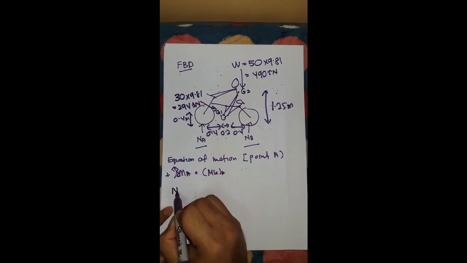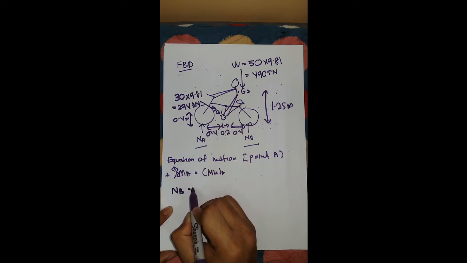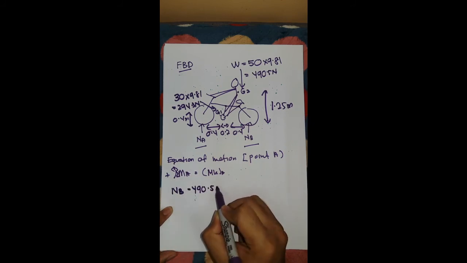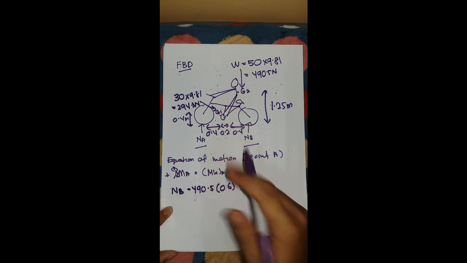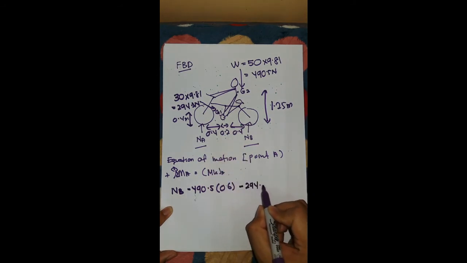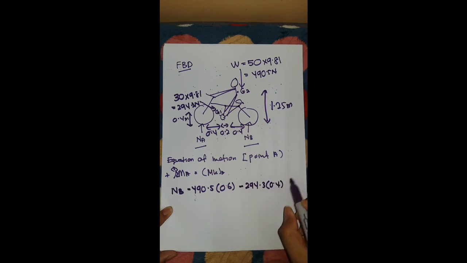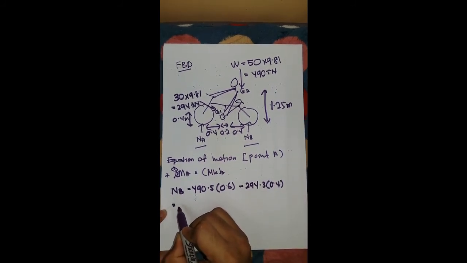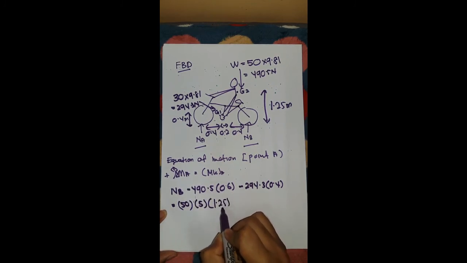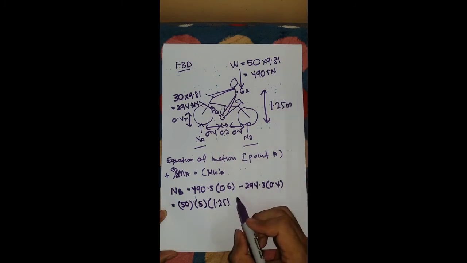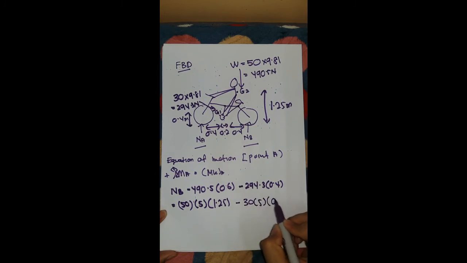So it's gonna be NB positive minus 490.5 times 0.6, 0.6 is the sum of 0.4 and 0.2, minus 294.3 times 0.4 and equal to 50 times 5 times 1.25, 1.25 is the height of the bicycle, and minus 30 times 5 times 0.4, 0.4 is the height.